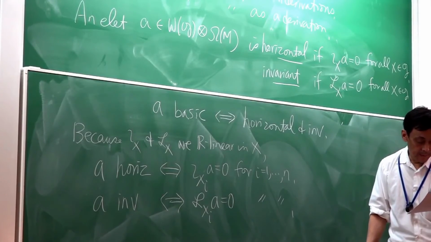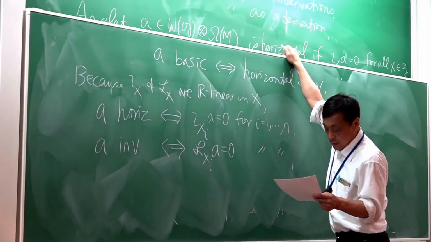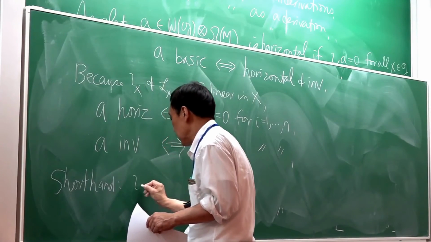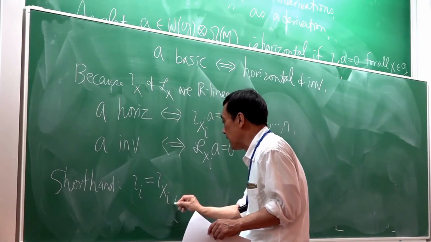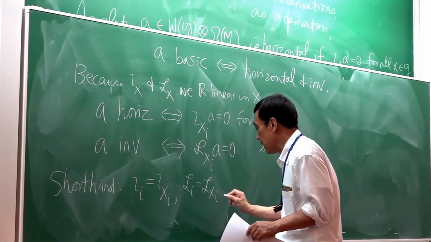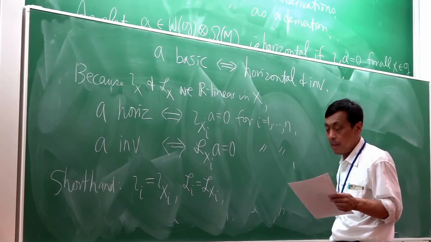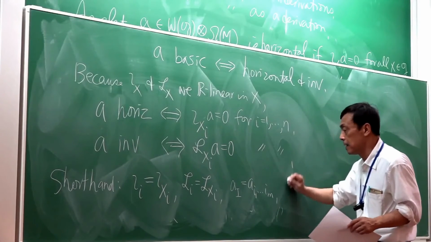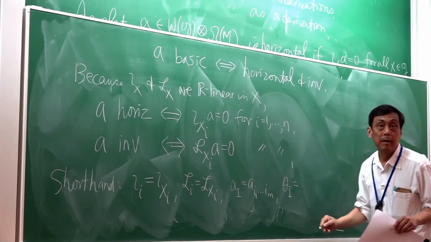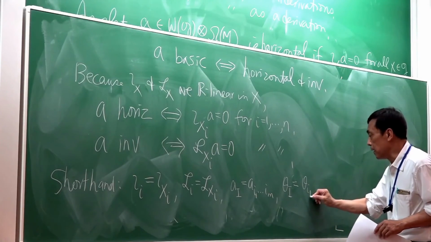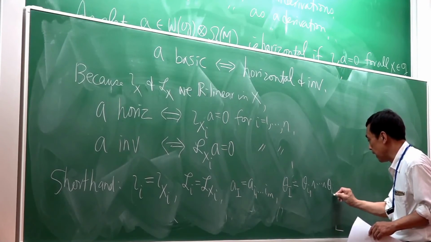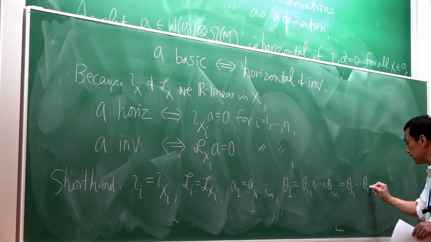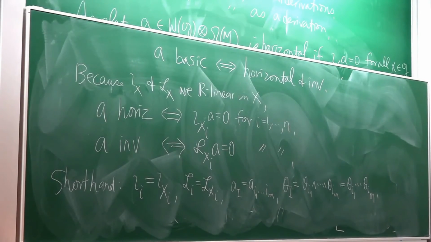And I'm going to introduce a shorthand. So I sub I is IXI, L sub I is LXI, and AI is AI1 to IM, theta I is theta I1 wedge theta IM, and I will also just omit the wedge sign. So I introduce this shorthand.